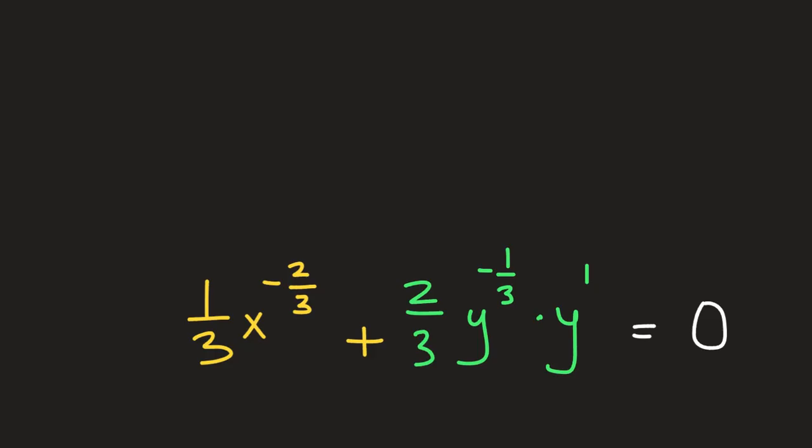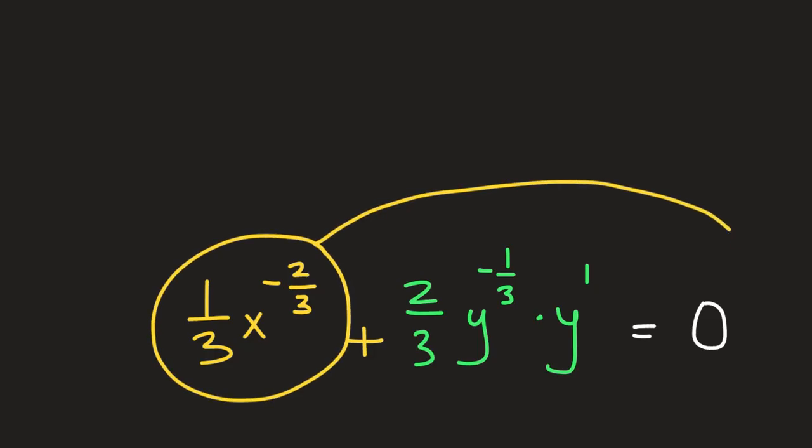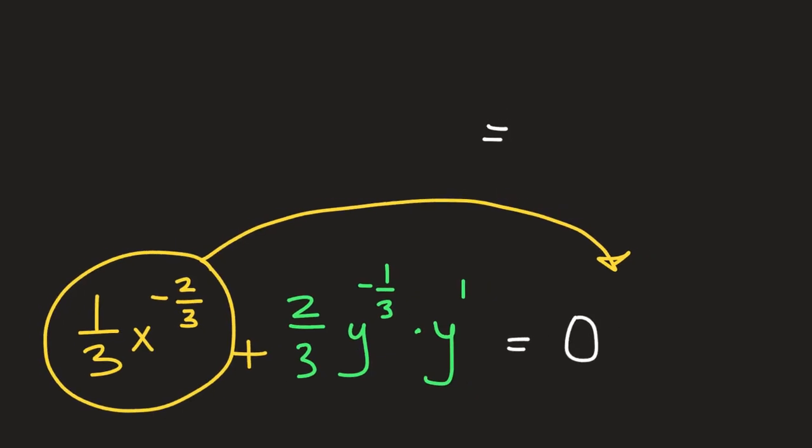So the first thing we're going to do is move our x term over to the other side. And maybe you want to rewrite that as not a fractional power. So if you want to do that, it becomes 1/3, there's your 1/3 part, and it's the 3rd root of x squared.